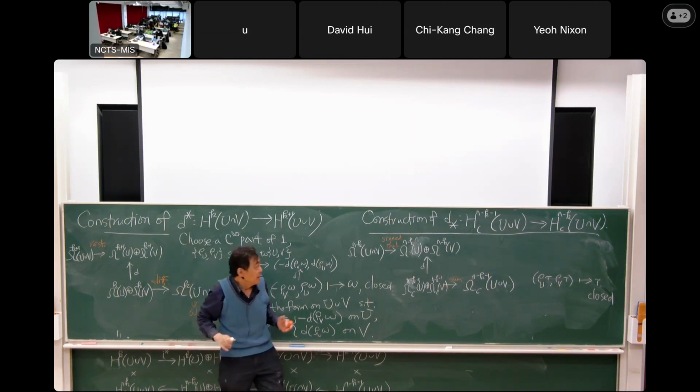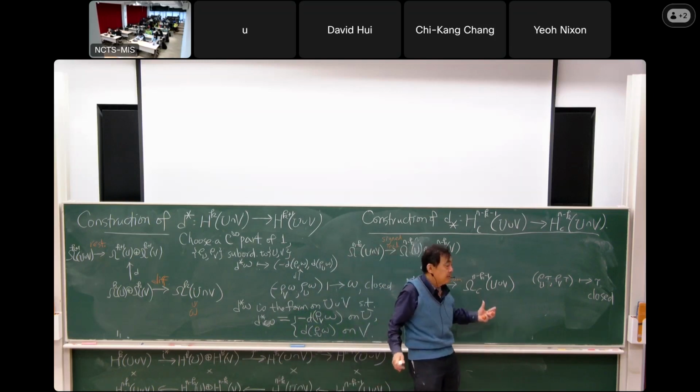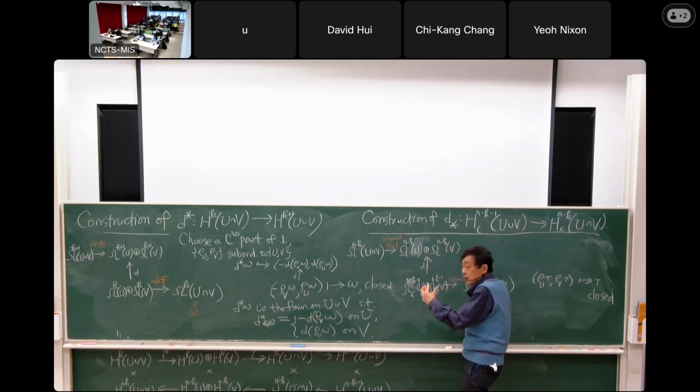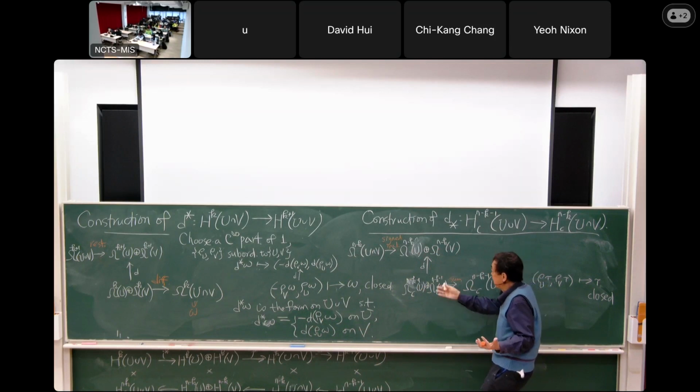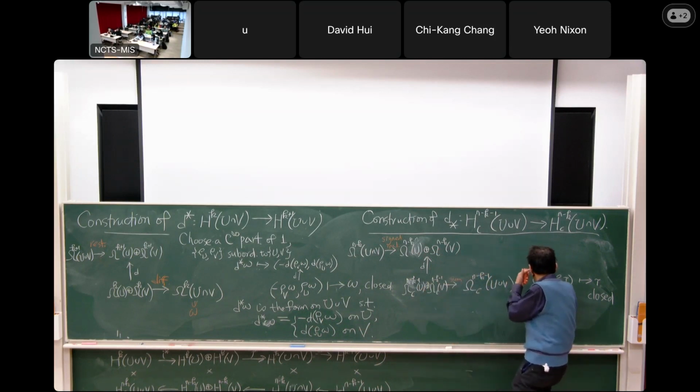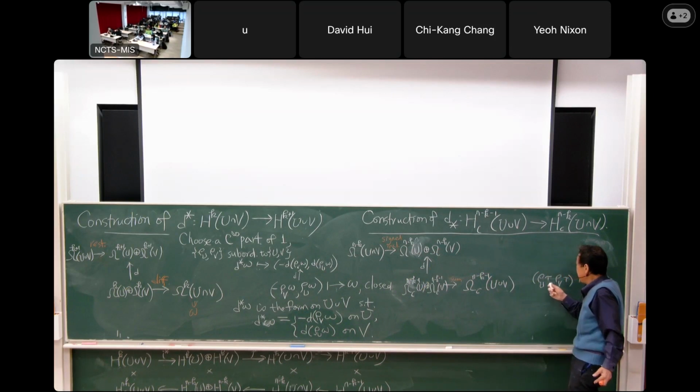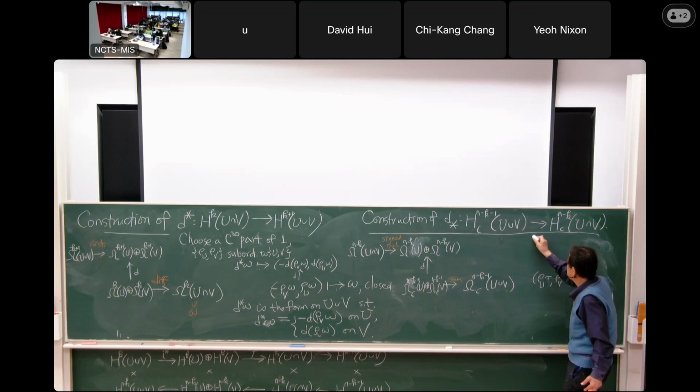But here you're starting with a function that's defined on a larger set, so you're not extending it, and so it's easier. You just multiply by rho U and rho V, and their sum will be tau. Okay, and then you take d of this, so you get d rho U tau, d rho V tau.